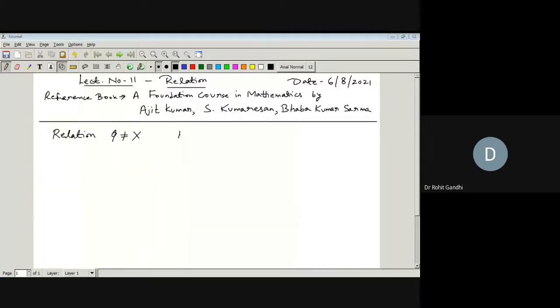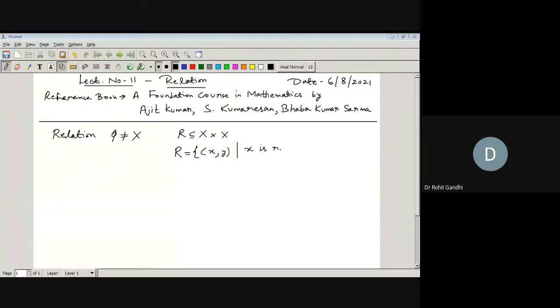We have seen that it's a subset of X cross X, so it's a set of ordered pairs, and X and Y have some relation between them.